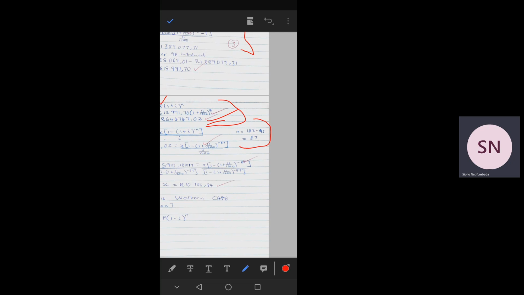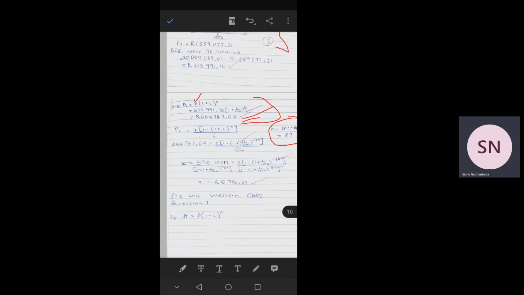This one 82 minus this 95. Then you got 87. Then you substitute your formula. So for X, you substitute the formula. You must learn. You did maths and intermaths. With X, substituting the formula is simple.